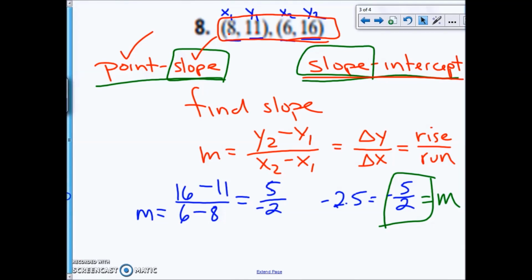So I'm going to break the video here and let you finish this problem off for homework. I already found the slope for you. So the slope's here, the points are here. This is problem number 8. I'd like you to write the equation of the line that goes through these 2 points.